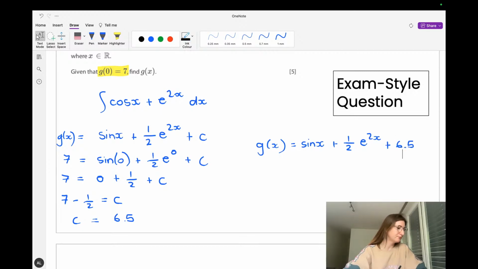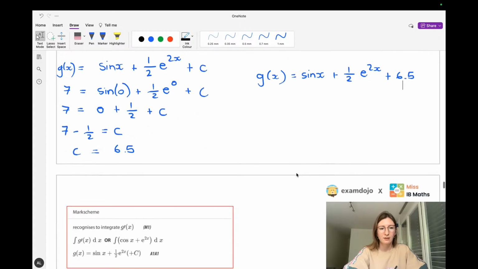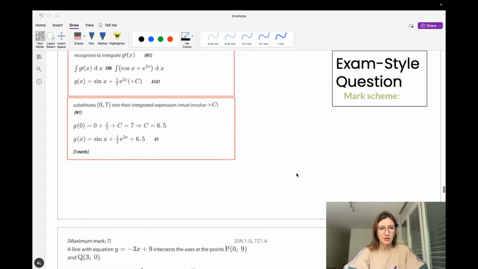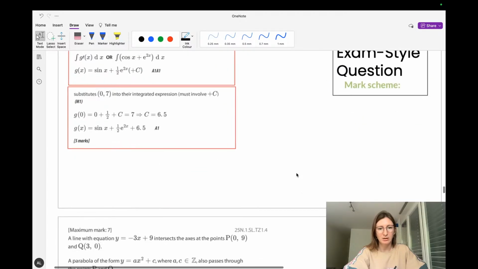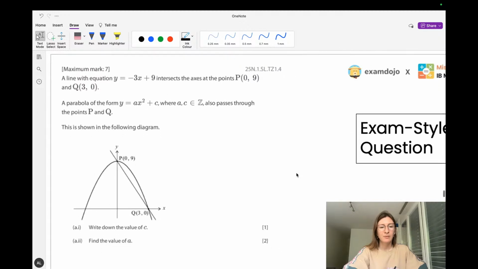There we go. Any questions? No. Hopefully you can see that. And nothing crazy in the mark scheme there. Just a lot of method marks. That was a good 5 marks. If you get a question like that, that's super nice.